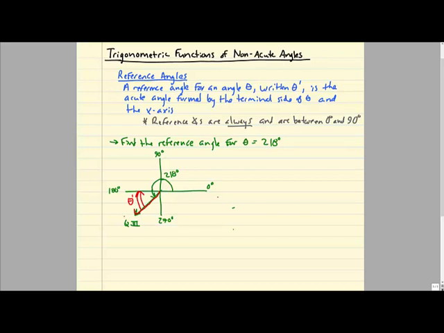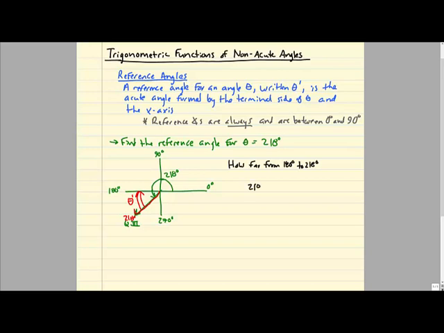Well, this is 218 degrees here, so I need to figure out how far it is from 180 to 218 degrees. There are many ways we could do this. You could just count up. You could say, well, 180 to 200 is 20 degrees, and 200 to 218 is 18. So 20 plus 18 would be 38 degrees.